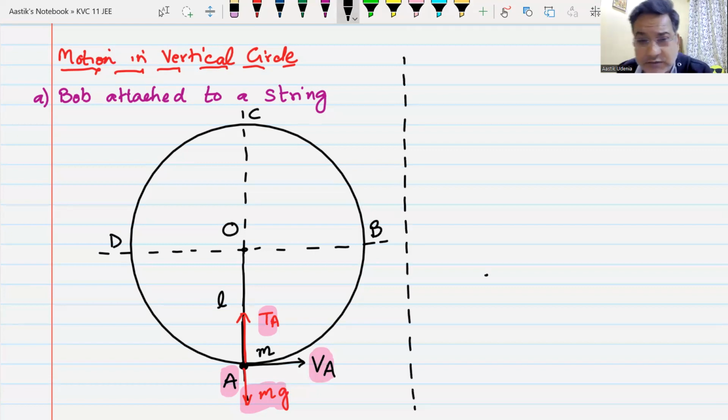We have made equations many times, 10, 15 times we have made the equation. Can you tell me what is the equation at point A? At point A, what will be the equation?